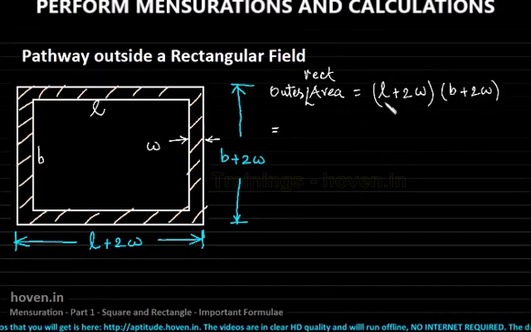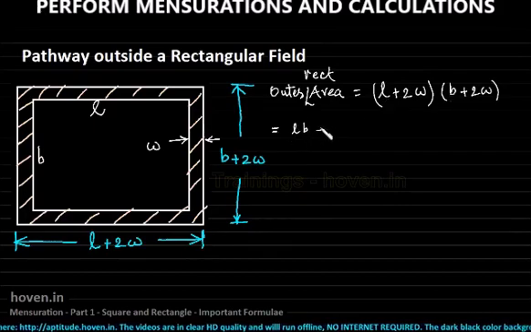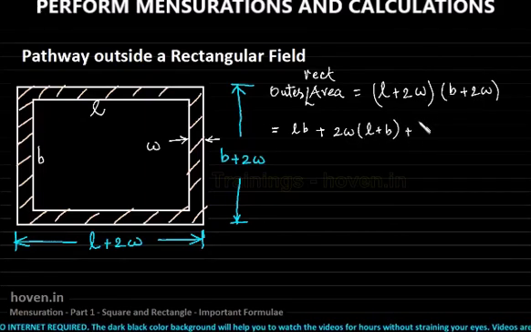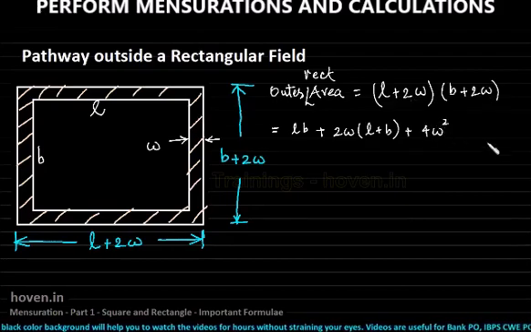This we can now simplify. LB plus 2BW, and this term will be 2LW. So we can write 2W into L plus B plus, this will be 2W into 2W, 4W square.